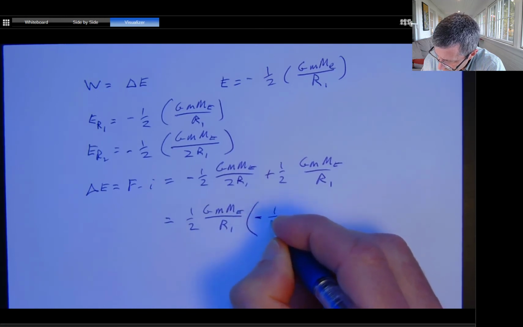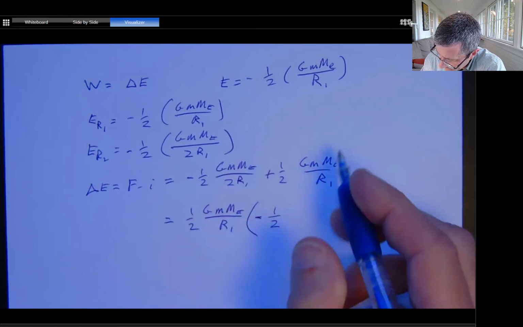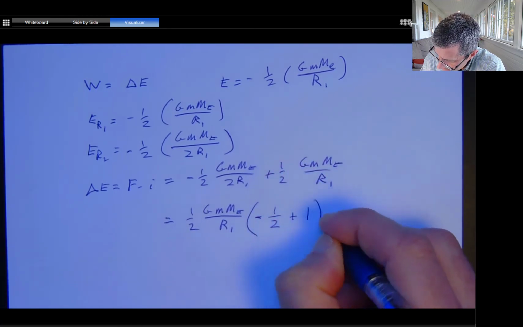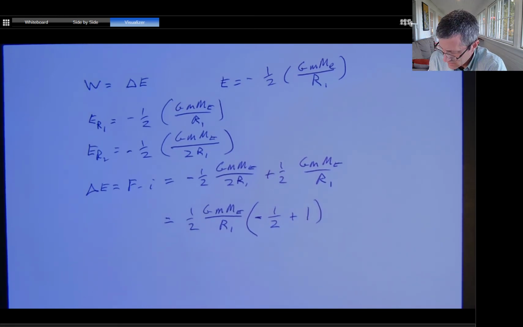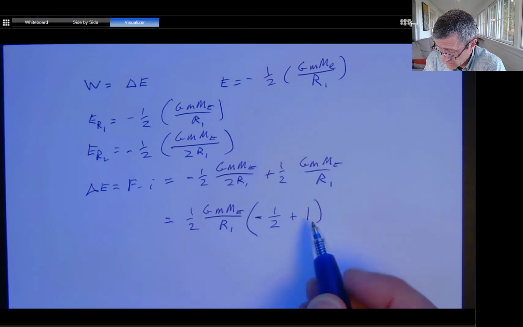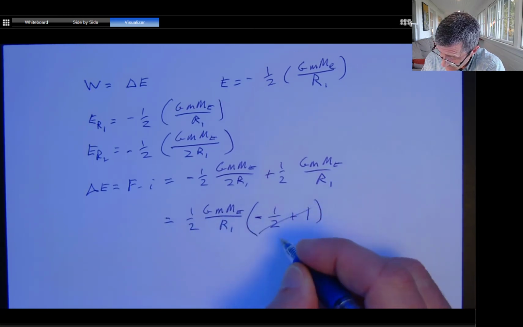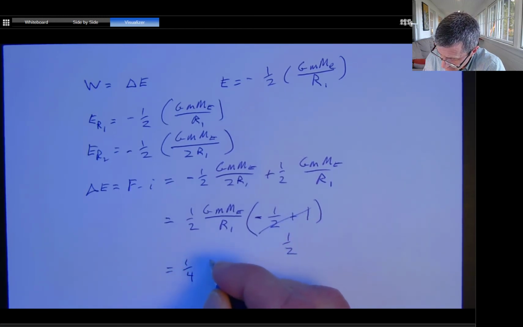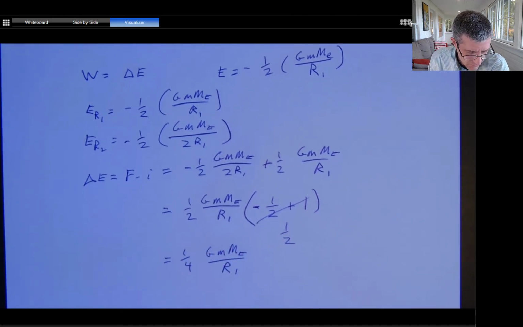Negative 1/2 plus 1. Half subtracted from 1 leaves a half, so this converts into a positive 1/2, and multiplying across I end up with 1/4 G M E over R1. That seems reasonable: I double the distance and end up with half the potential energy.